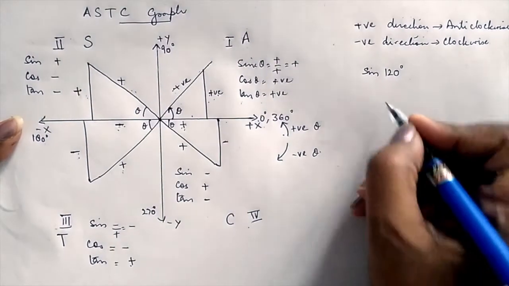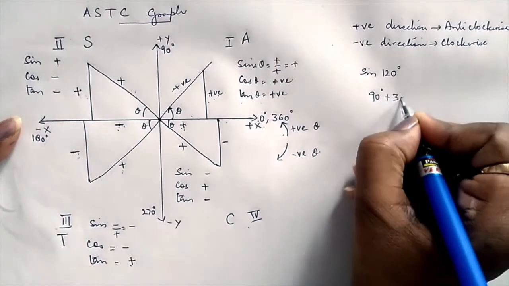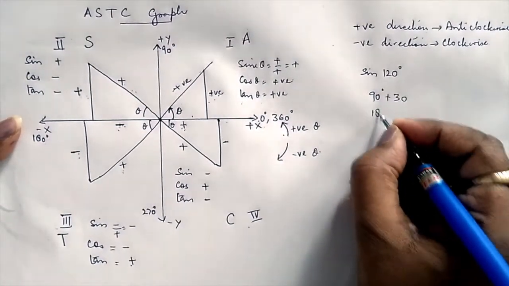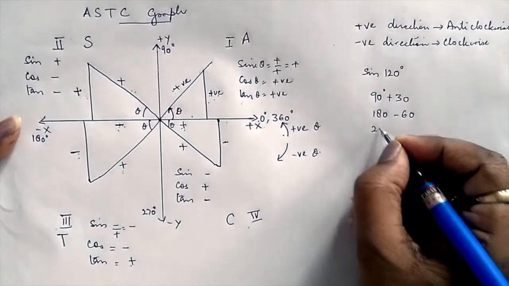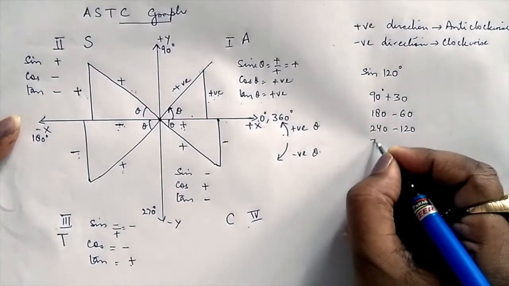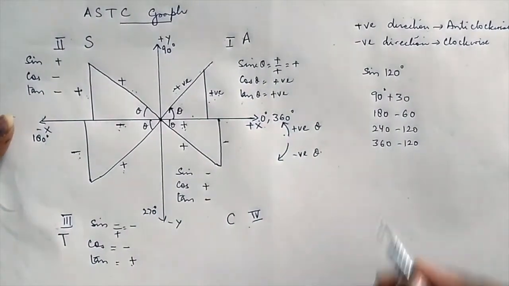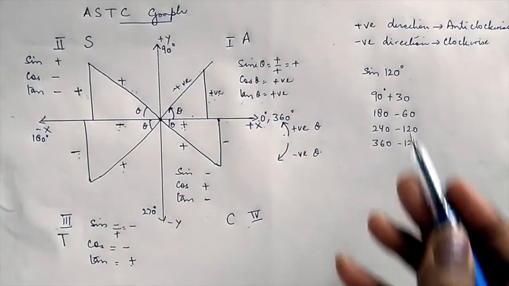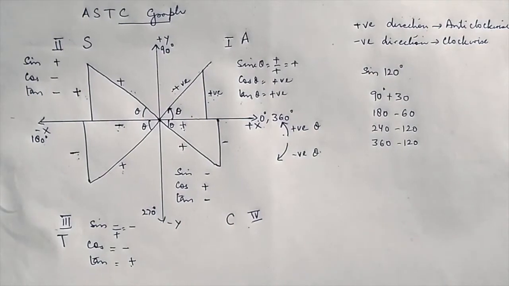That means it could be 90 plus 30, or it could be 180 minus 60, or it could be 240 minus 120, or 360 minus 120. So using my standard values, I could write it like this. So I should have the standard expressions over here.